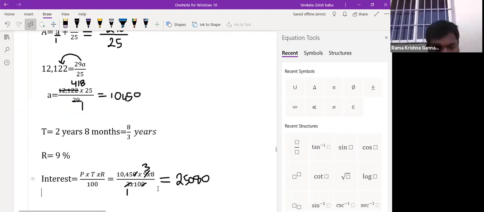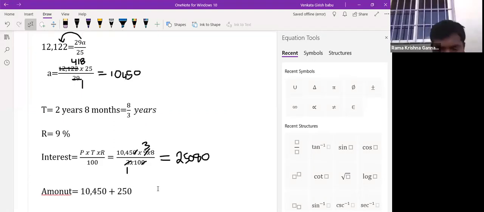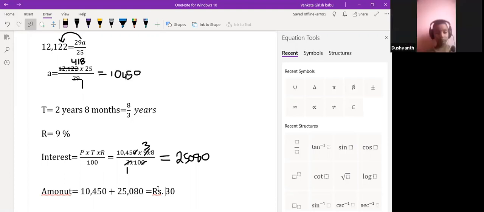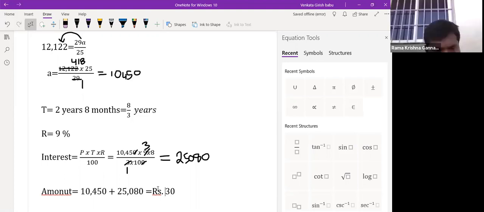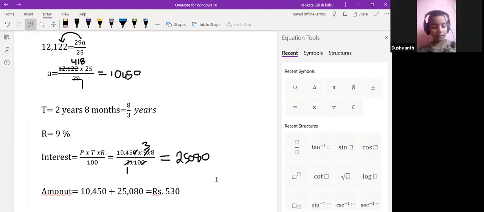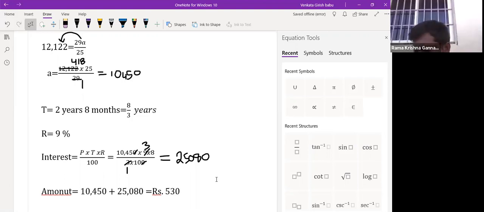The amount is 13,030. Yes, half an hour.